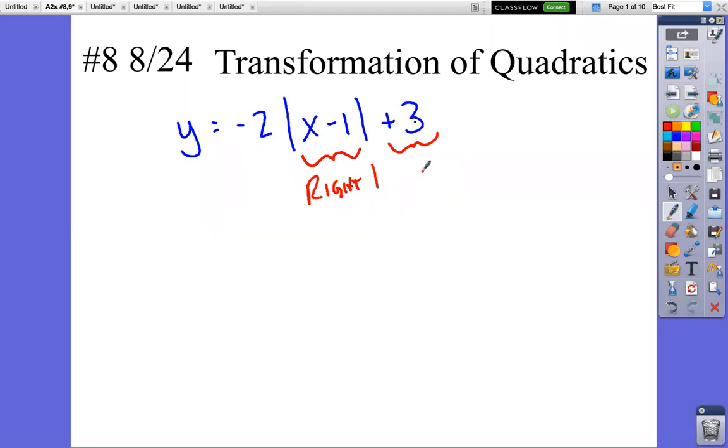Up 3. So like I said, last chapter wasn't near as important as this next one's going to be, but it kind of sets the tone. By the way, don't worry about the 2, but what does the negative mean? That negative means what's happening?